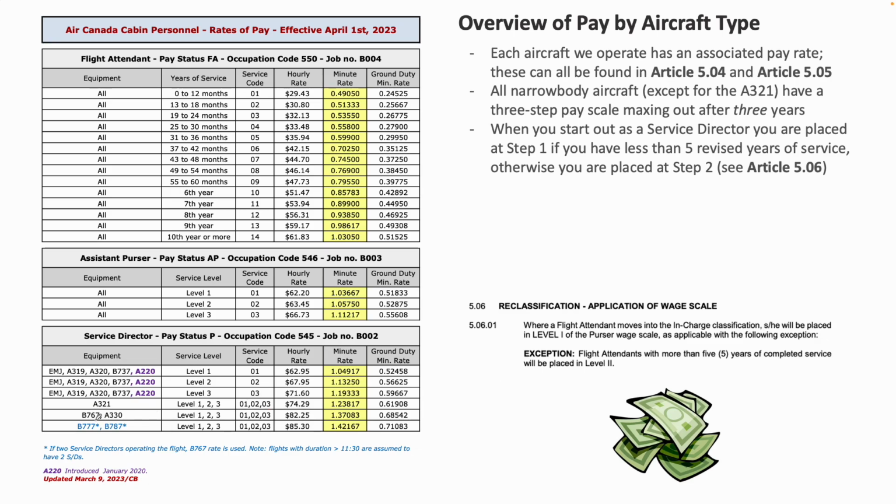And the same can be said for the 767 and the 330. All three service codes are together on one line, so you're already maxed out right away whenever you fly that aircraft type. And then, of course, the same for the 777 and the 787. All three codes are on one line, so you immediately are at the maximum rate whenever you fly that aircraft type.